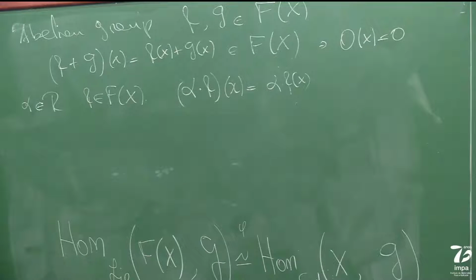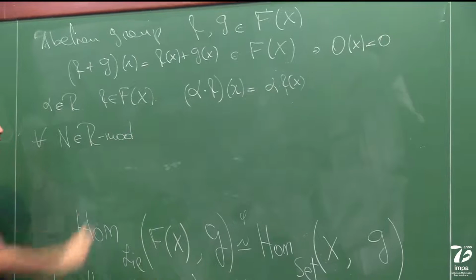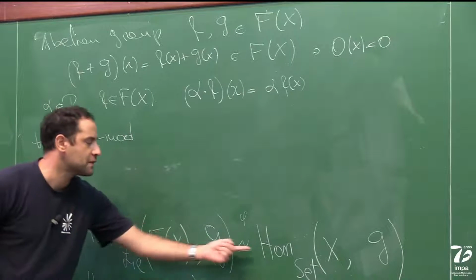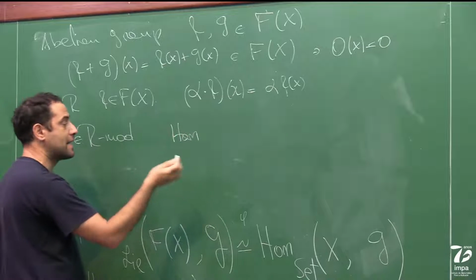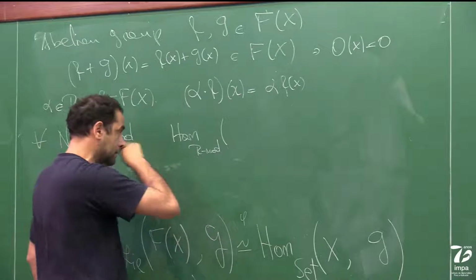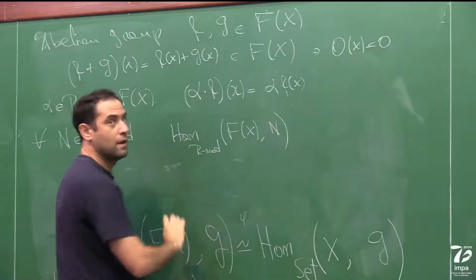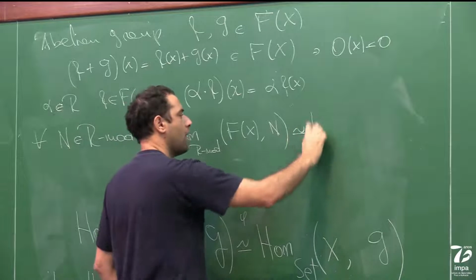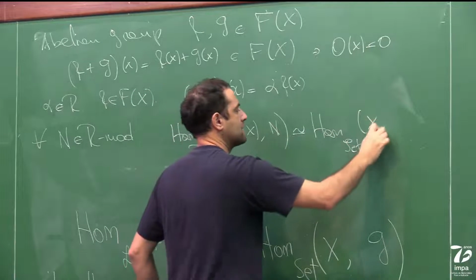So if you give me any other R module N, I need to give you this isomorphism. So I need an isomorphism between HOMs in the category of R modules, between the free module generated by X and N, and HOM in the category of sets between X and N.